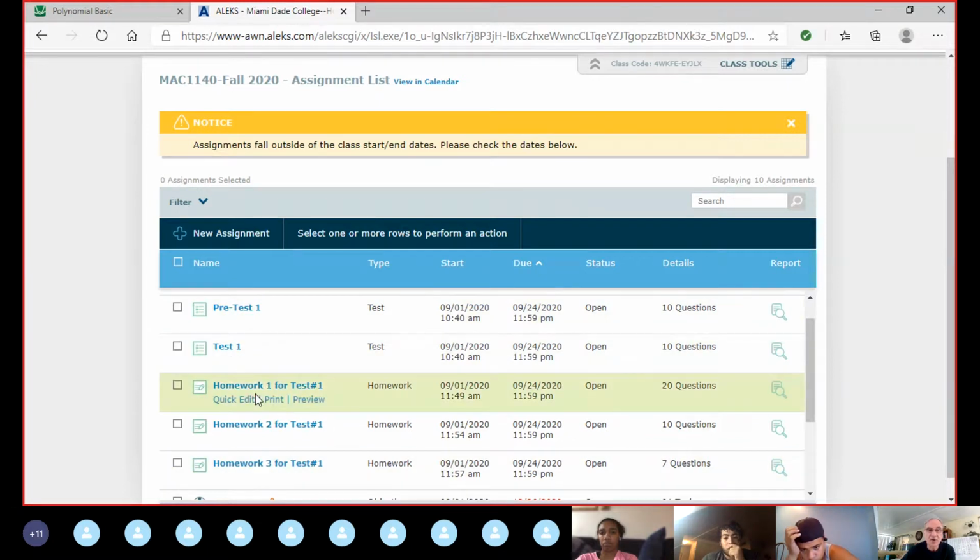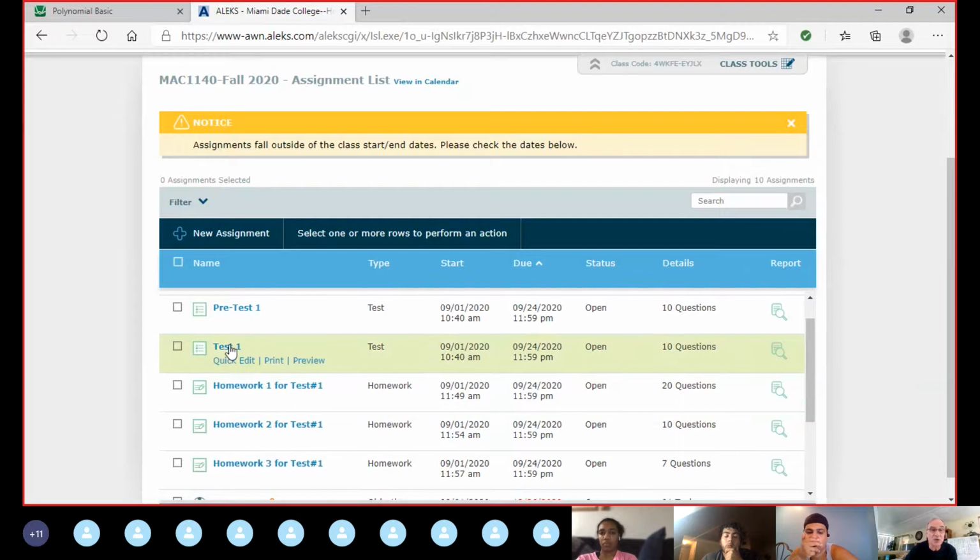However, I have a reward for the student who finishes the homework and gets more than 80% in each homework, greater than or equal to 80%. Whether the score is 80%, 90%, 95% or 100%, you get 10 extra points in the total overall grade for test number 1. Test number 1 you can take only 2 times, 2 attempts.